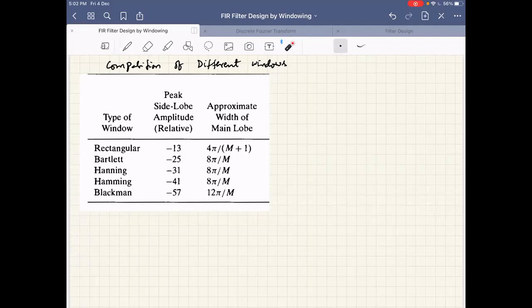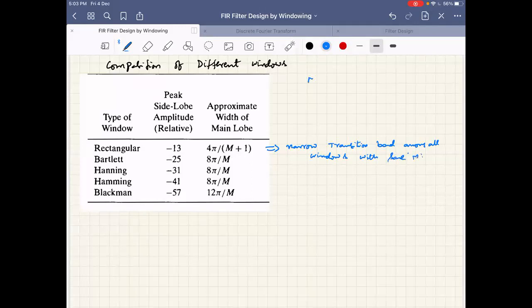The main lobe width is minimum for the rectangular window, which indicates that it gives a narrow transition band among all window functions, with the same m.